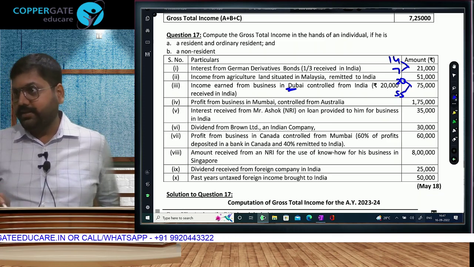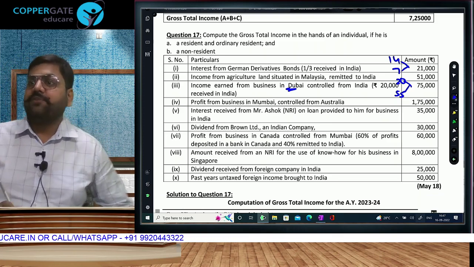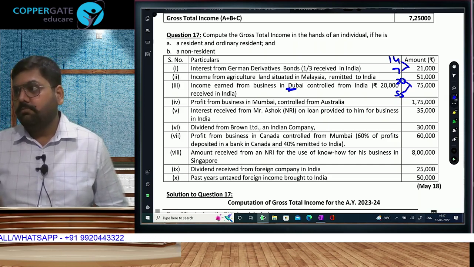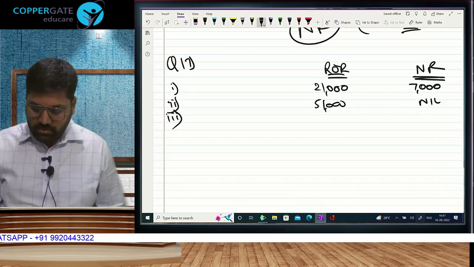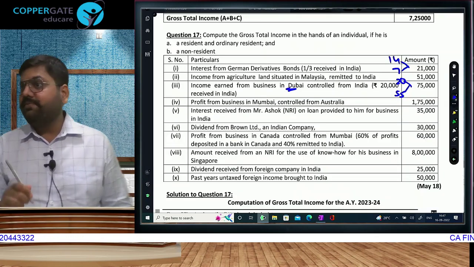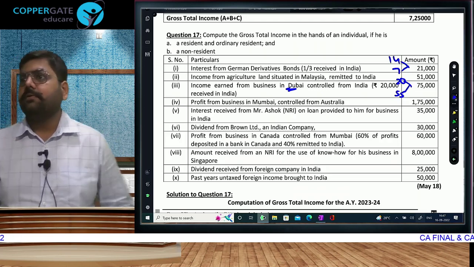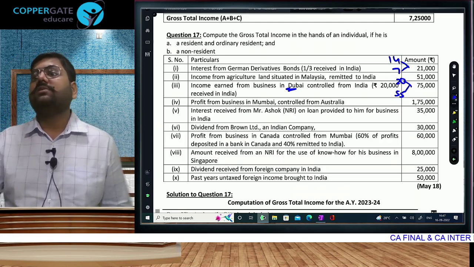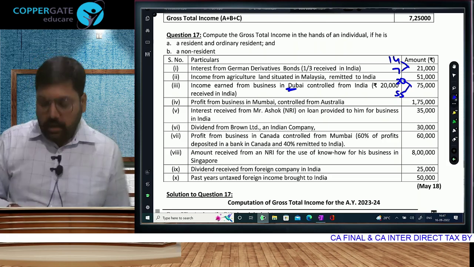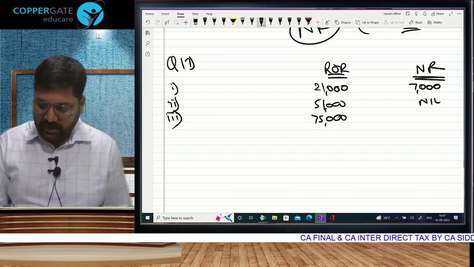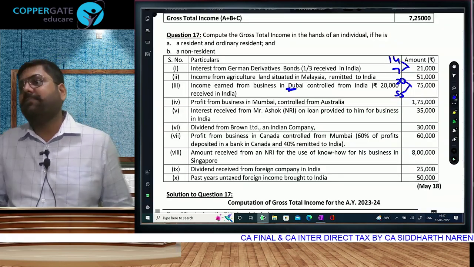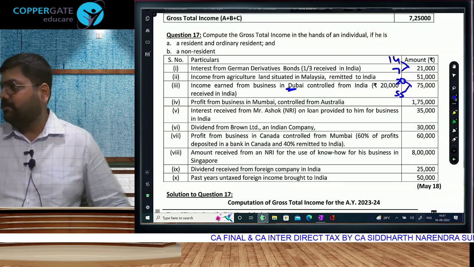For NR, it is foreign, so 55 will not come. The first column is very easy; the discussion is about the second column. 20 will come, everyone agrees? 55 will not, because the business is in Dubai. Place of control is relevant only for RNOR. Had there been an RNOR column, it would have been 75.